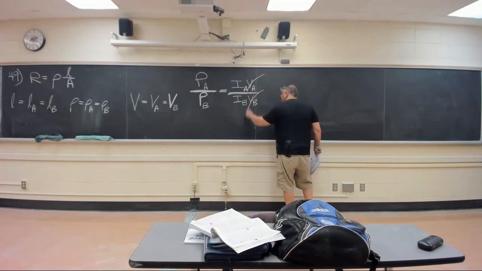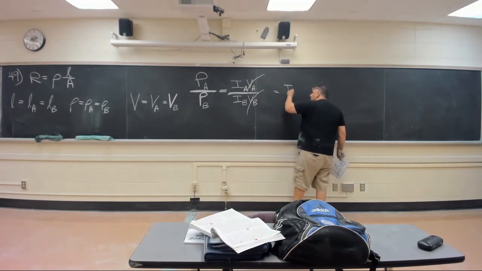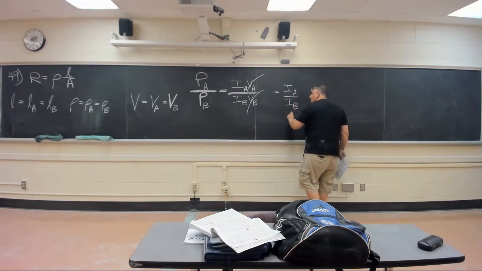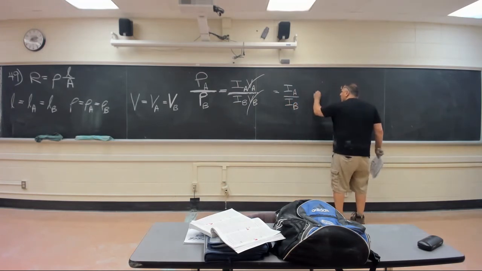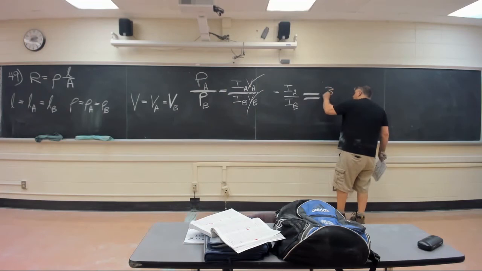If V_A and V_B are equal, and they told us the ratio of the power is 3 to 1.